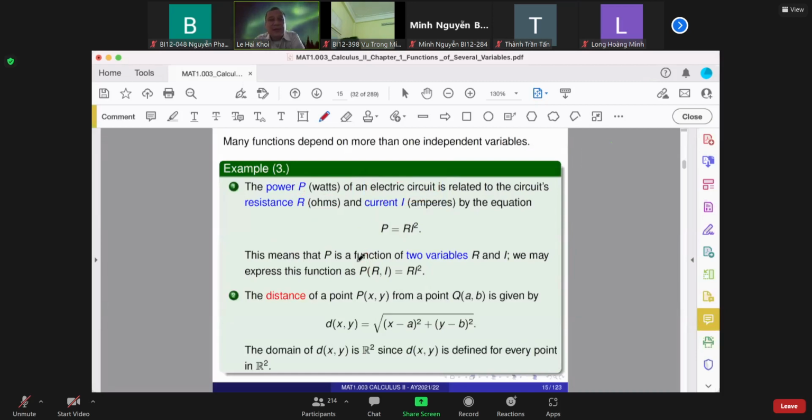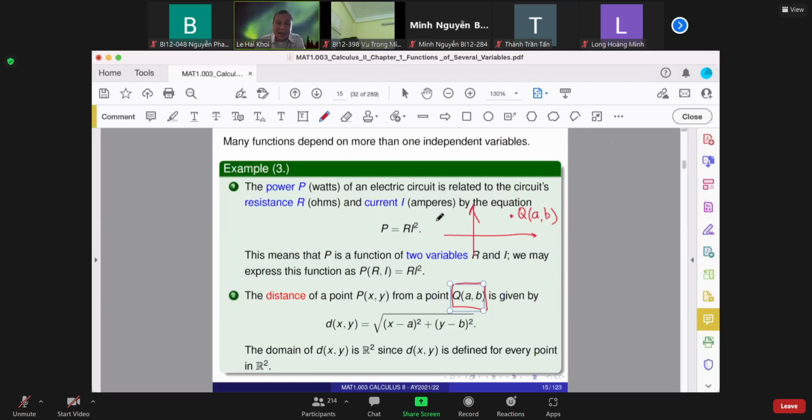So in geometry, you can think about a distance function. So here on R2, you are given a point Q. This is a fixed point. Q, with coordinates a and b.